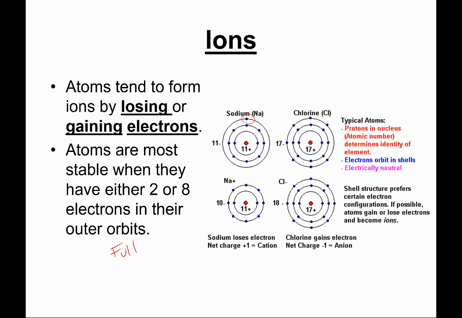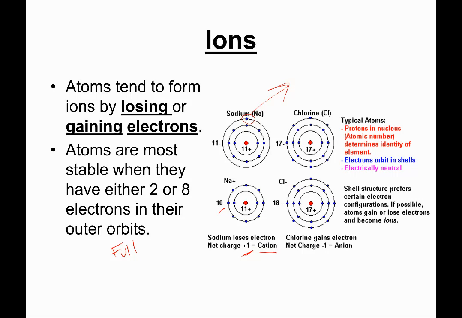The way that sodium makes a stable ion is it just gets rid of that outer electron. So now it only has 10 electrons instead of 11, which you can see in the next diagram: 10 negatives and 11 positives. The 11 positives come from the protons. So sodium loses that electron and therefore has a net charge of +1. Positive ions are called cations.